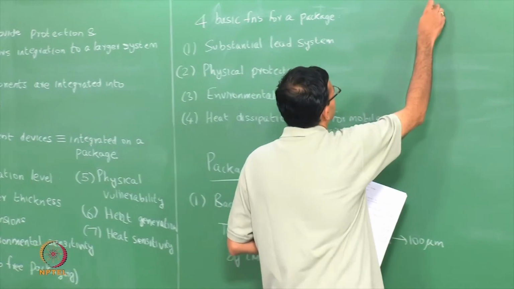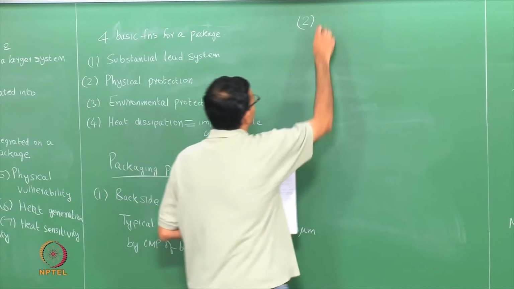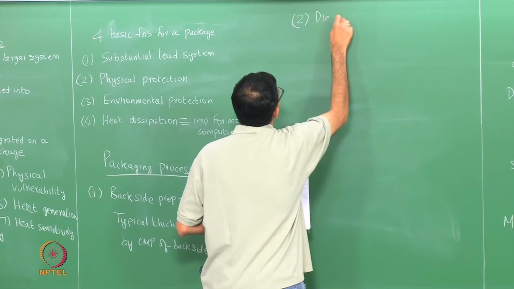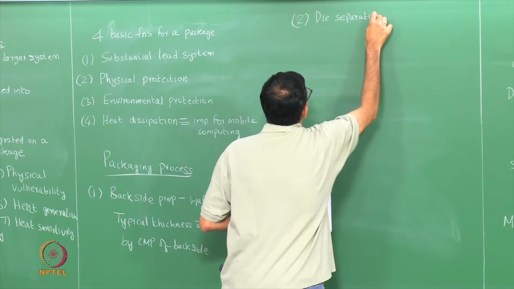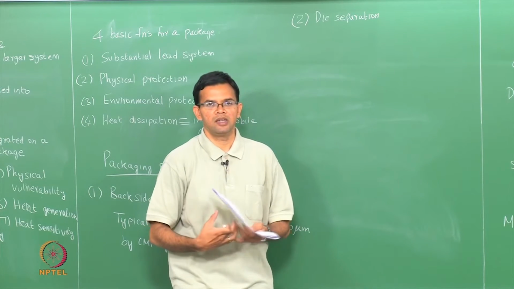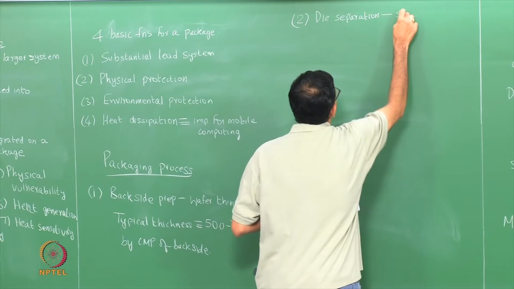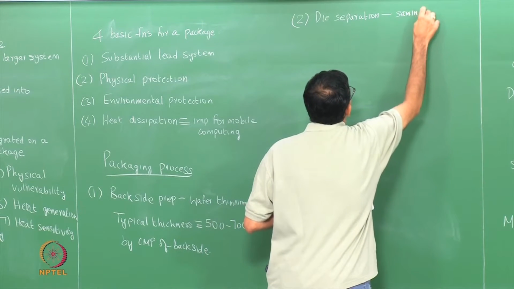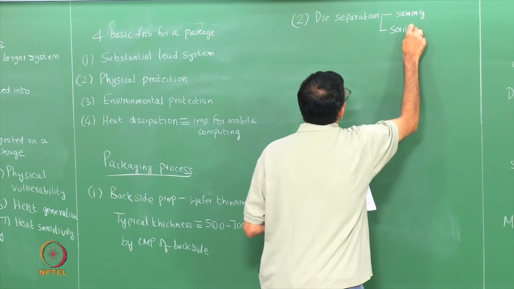After backside preparation, the next step is die separation. In this, the individual dies are separated from your wafer. Typically this is done by a sawing process or a scribing process.